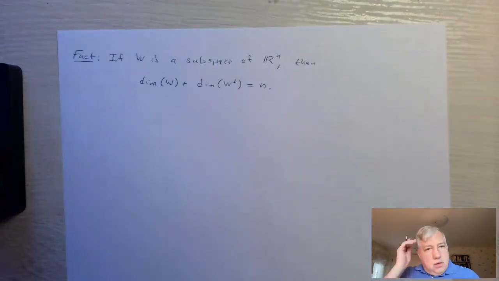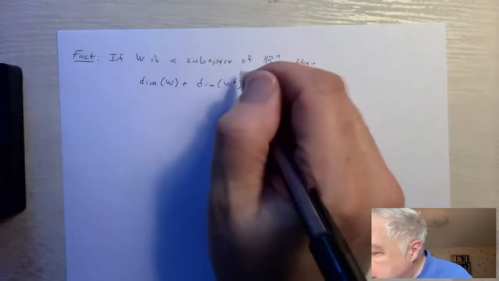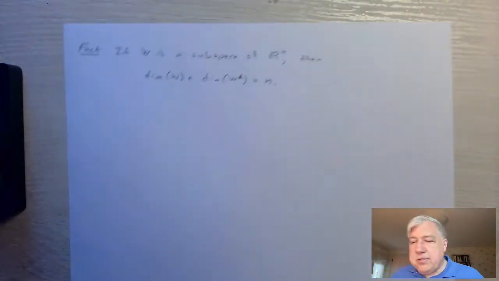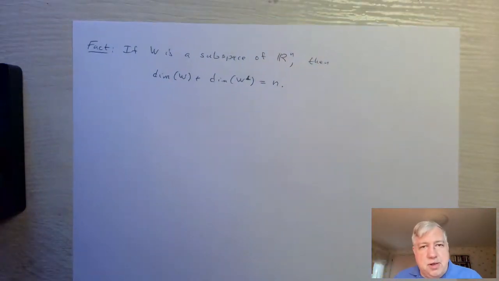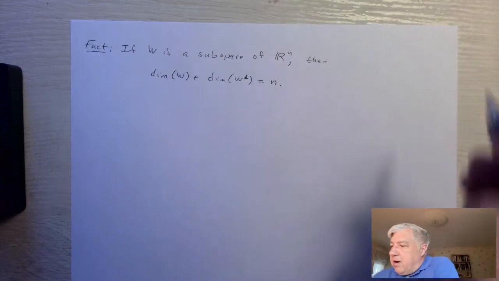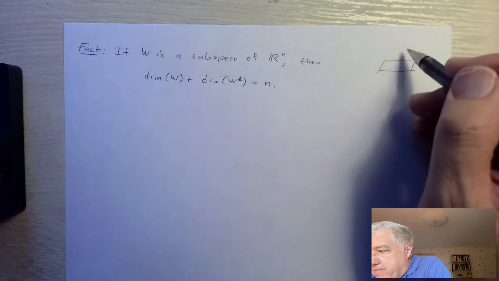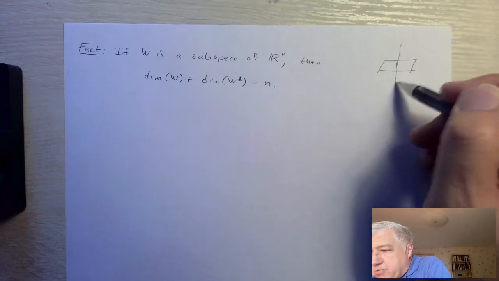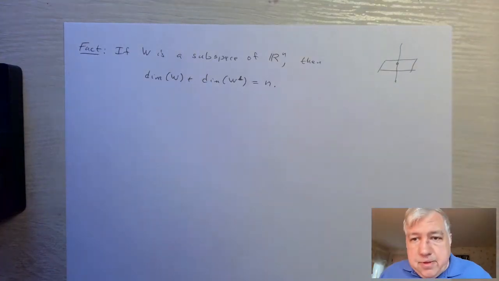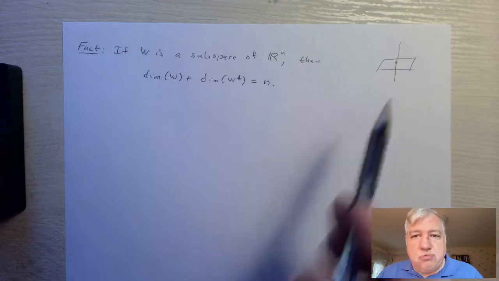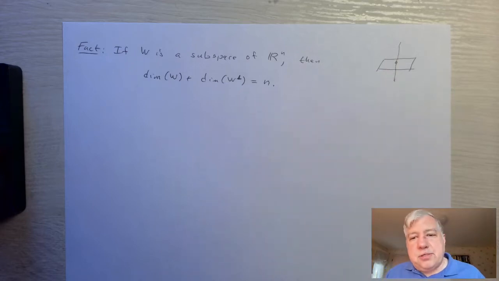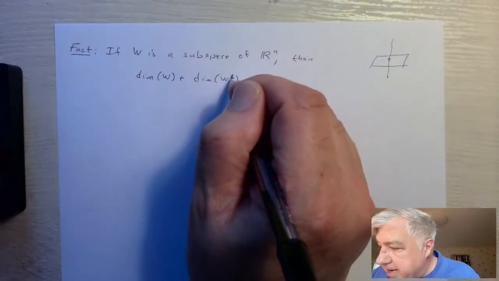For example, in R3, when we had a plane, we found out that its orthogonal complement was a line, and the plane is two-dimensional, the line is one-dimensional, and 1 plus 2 is 3. And that holds for any subspace.